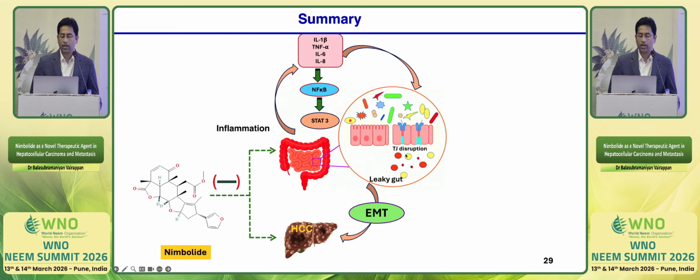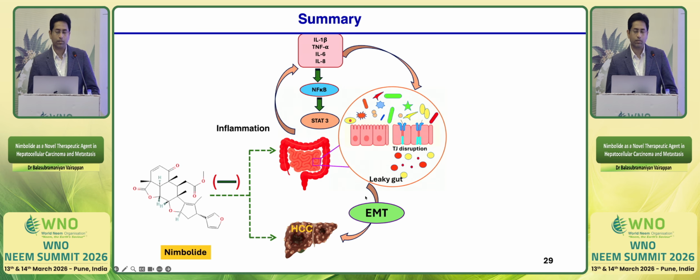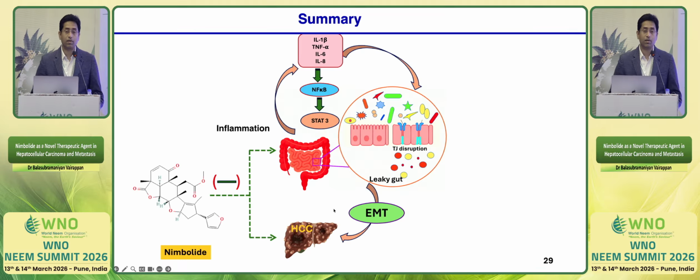So there will be leakage of gut, so more gut derived toxins are released from the gut, entering into the liver through portal circulation and causing epithelial mesenchymal transition, so that extrahepatic metastasis also occurs in the lung. So nimbolide treatment reduces hepatic inflammation as well as gut dysbiosis, and reverses the progression of HCC in mice.